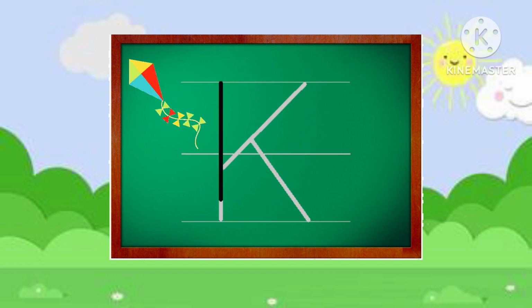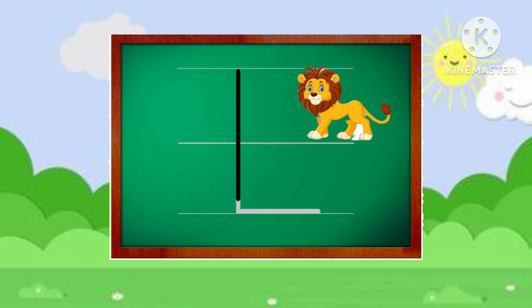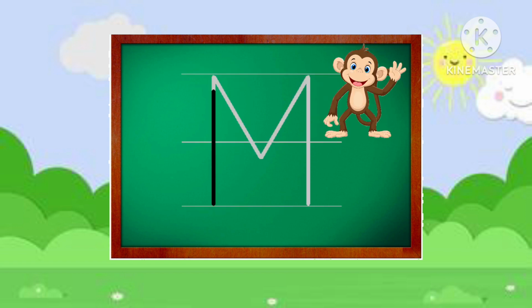K for kite. Standing line, then from the middle slanting line and one more slanting line. It's K for kite. L for line. Standing line, then at the bottom slipping line. It's L. M for monkey.